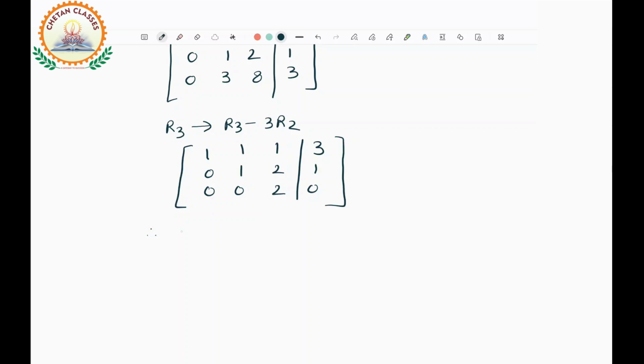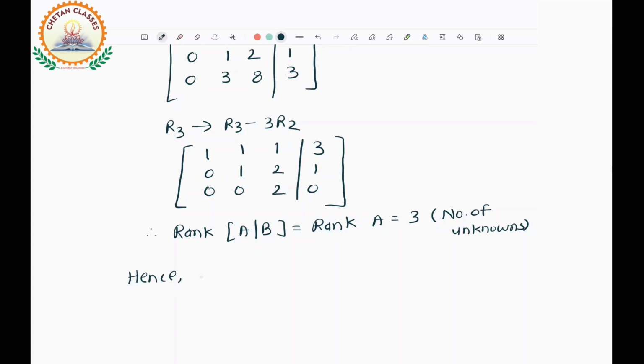Therefore rank of augmented matrix is equal to rank of A and it is 3, which is also the number of unknowns. It means this system of equations is consistent and has a unique solution.